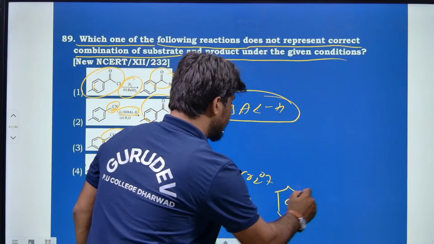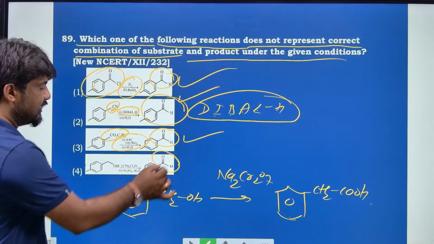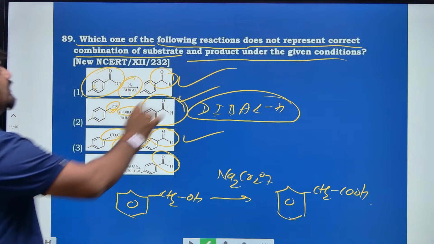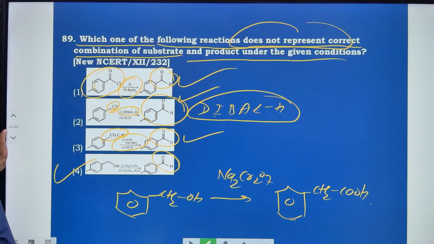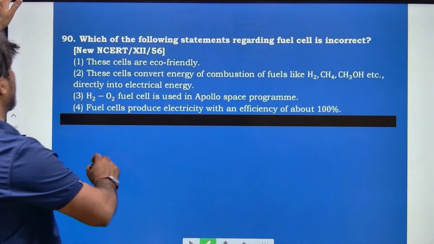Actually here it will give carboxylic acid. But they said aldehyde, hence option 4 is the one that does not represent the correct combination.